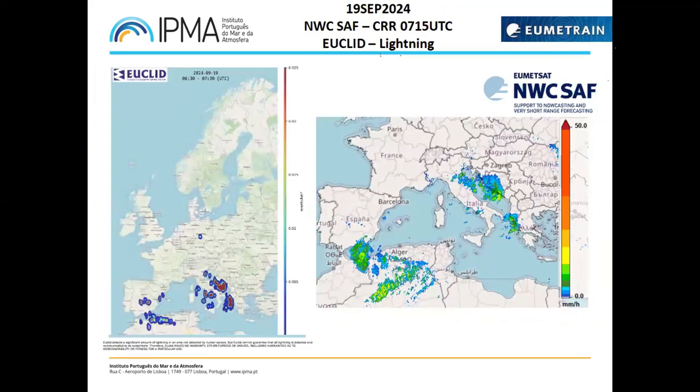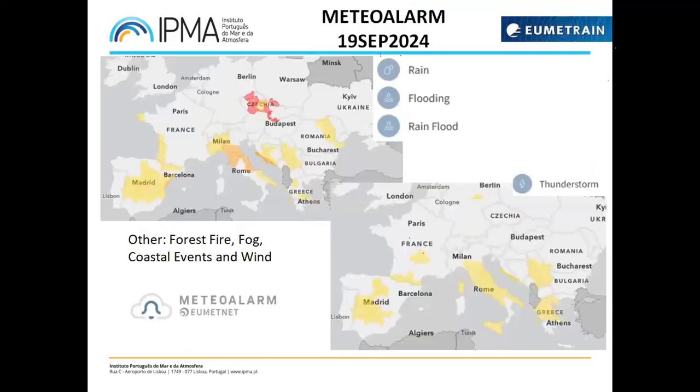And already lots of lightning from the Euclid network, and the convective rainfall rate from nowcasting south showing already some high rates over these two systems near Iberia and central Mediterranean. So this area is, of course, an area of interest, and the warnings show exactly that.